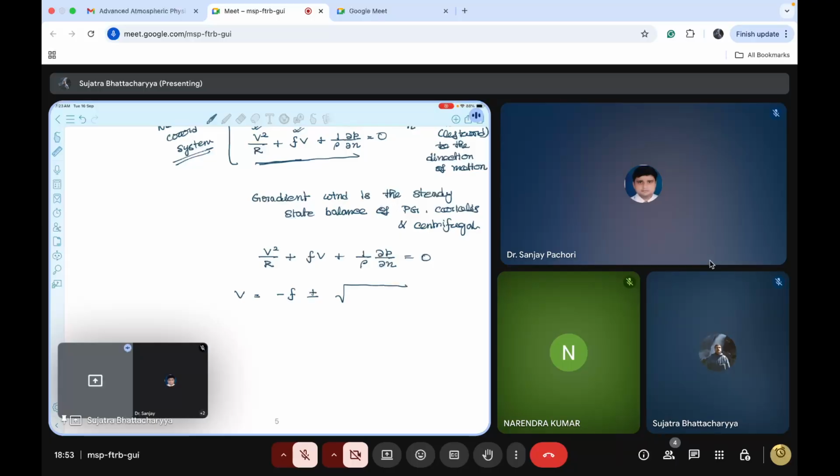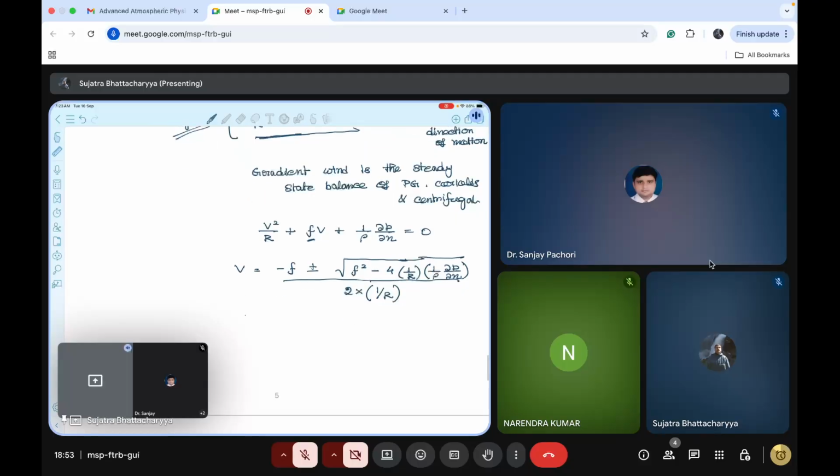V is the variable and all others are constants. So B square minus 4AC is the discriminant. B square is f square, minus 4A, where A is 1 by R and C is 1 by rho delta P by delta N, divided by 2A. This is how you can write it.